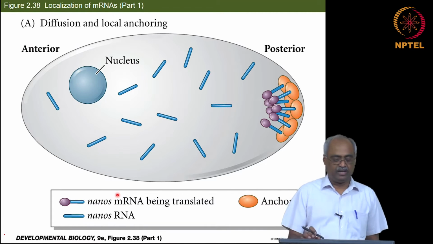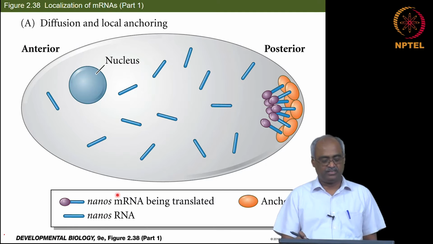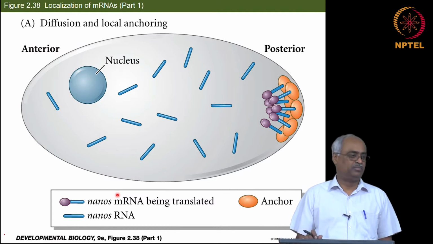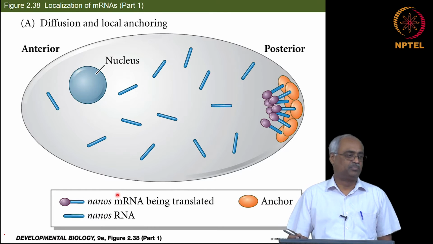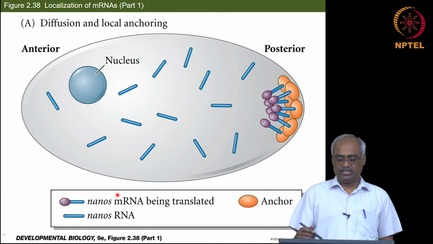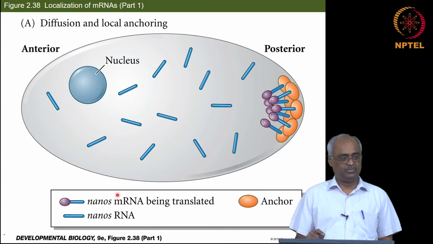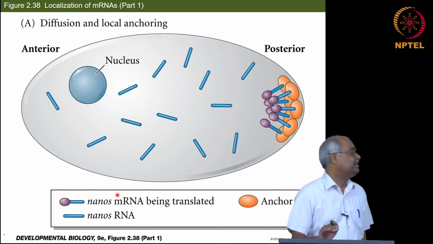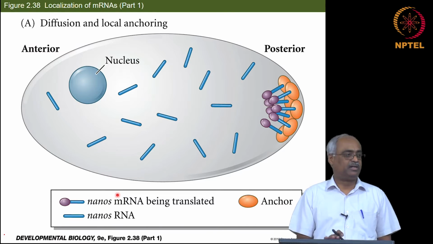Primarily another RNA binding protein called Oscar binds and protects the nanos RNA from degradation, and also Oscar activates nanos translation. So, here what you are seeing is RNA being localized within a cell itself to a particular area, in this case posterior, and there only it gets translated. So, the unlocalized nanos RNA is not translationally active, okay.